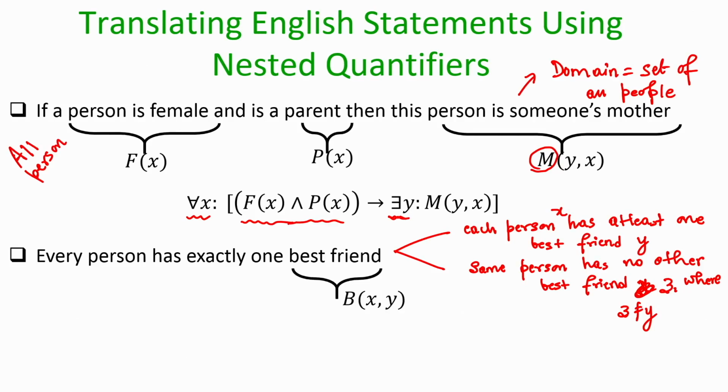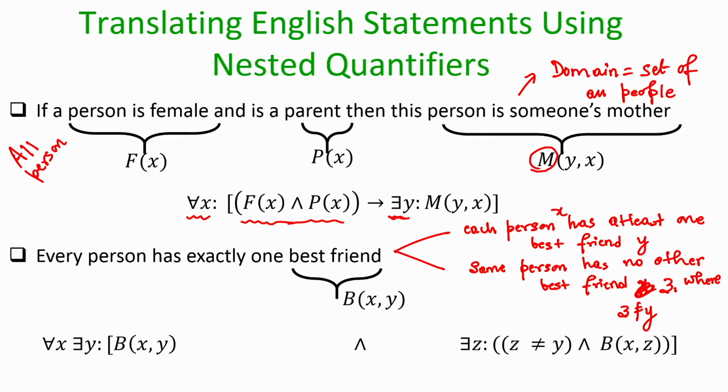So, let me first introduce the required predicates here. I introduce a predicate b of x y, which is true if person y is the best friend of person x. That is the definition of my predicate b of x y. And now you can see here that since I have identified the two parts of this English statement, the first part is that for every person x there is some y, such that y is the best friend of x.